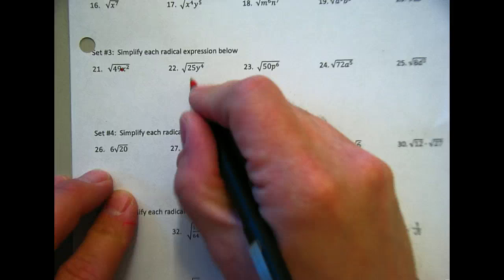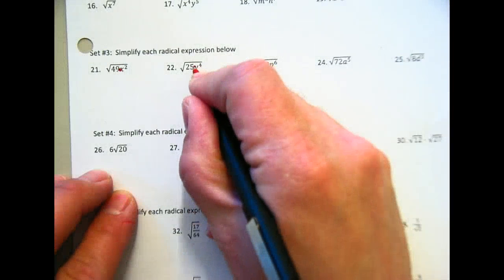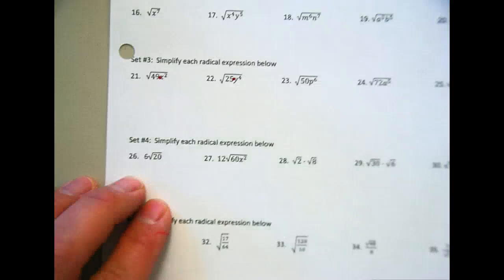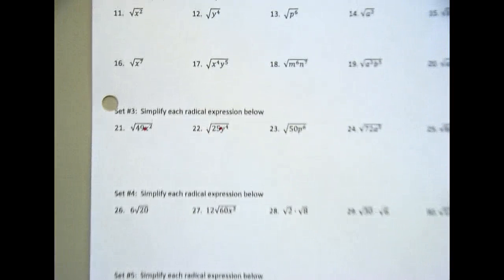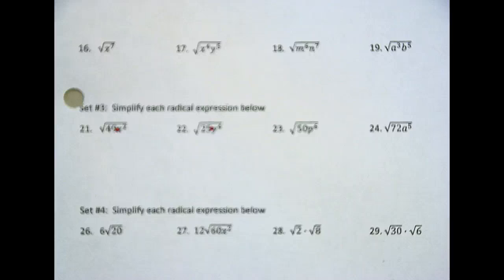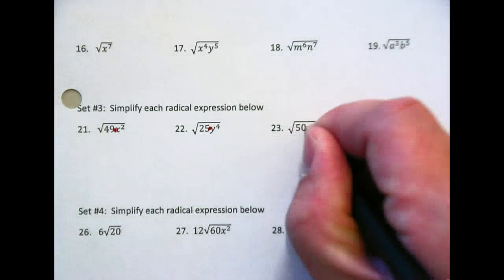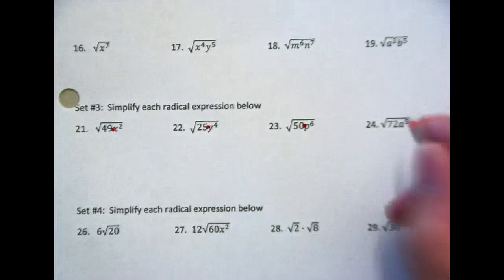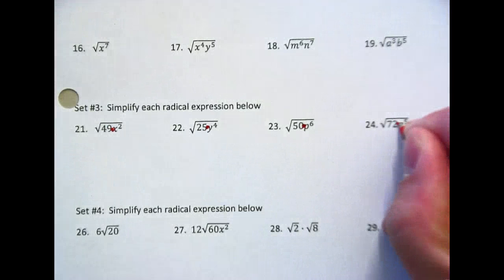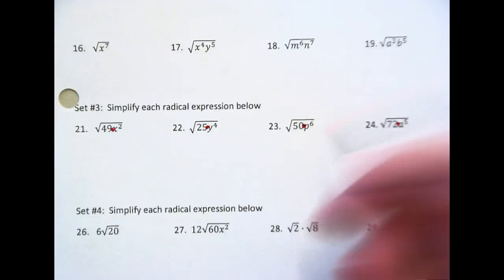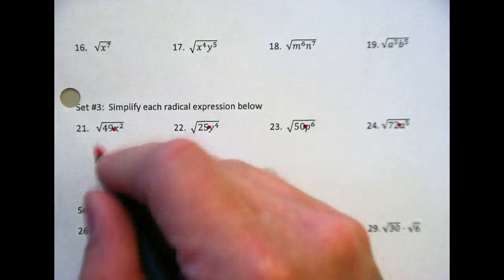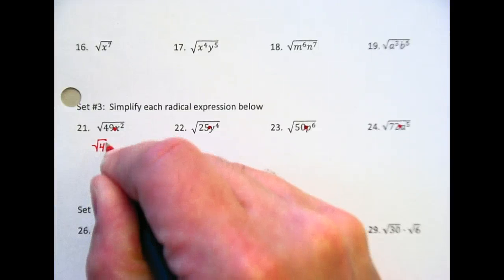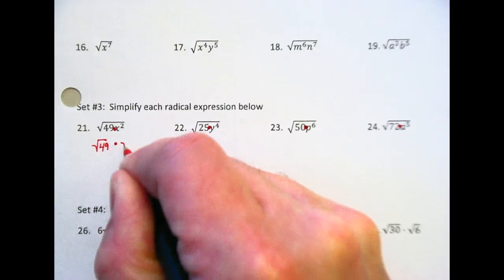And I can do 25 times y to the 4th, so I'm going to put a multiplication sign right there. And I can do 50 times p to the 6th, so I'm going to put a multiplication sign right here. Every time I do that, I put those little multiplication signs, and I can do that because there are my numbers and my letters. What I can do is break that apart. I can say that's actually root 49 times root x squared.